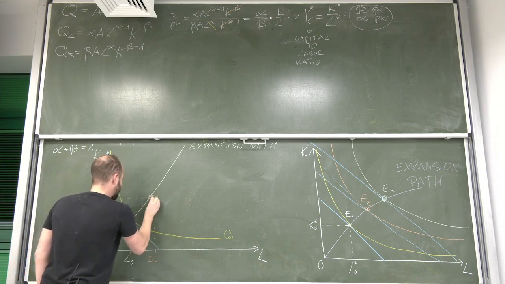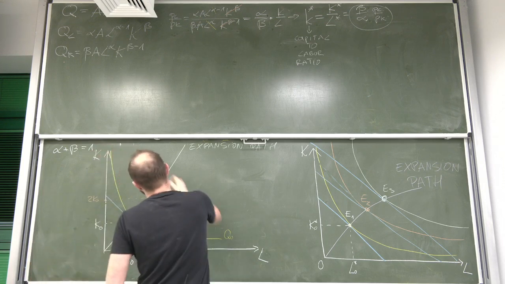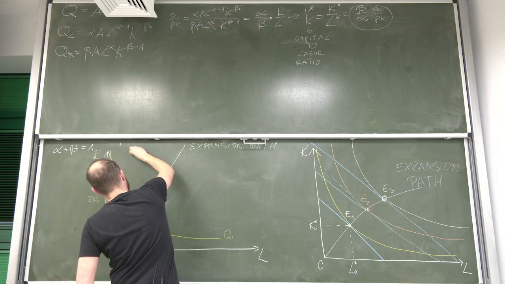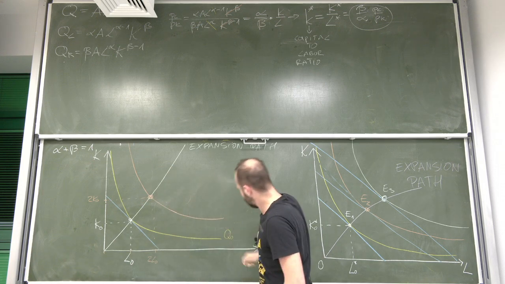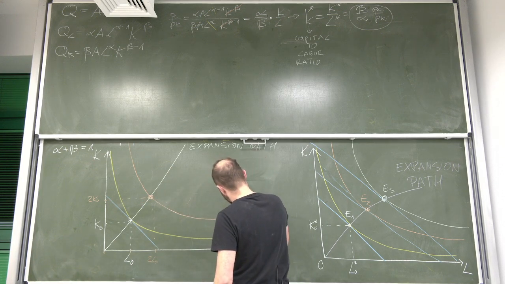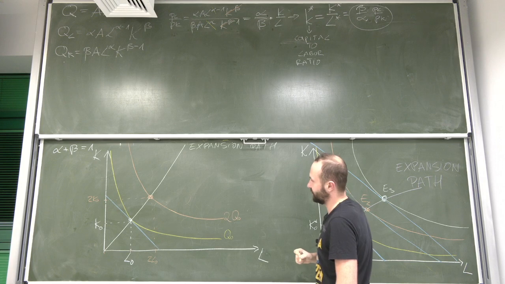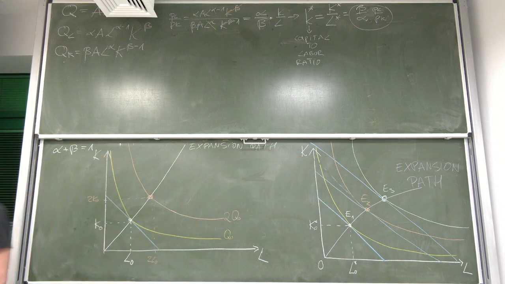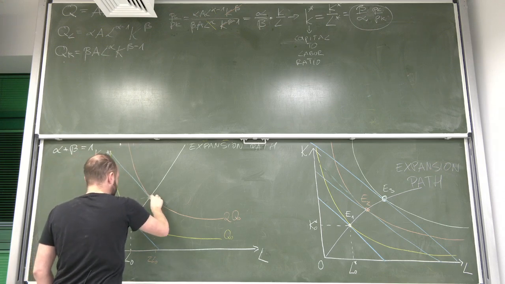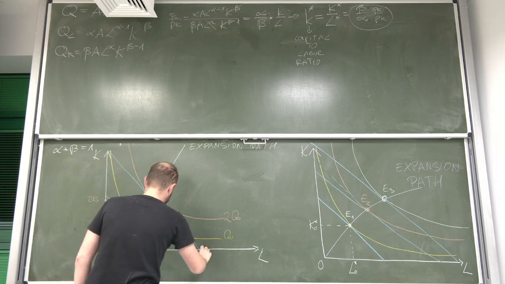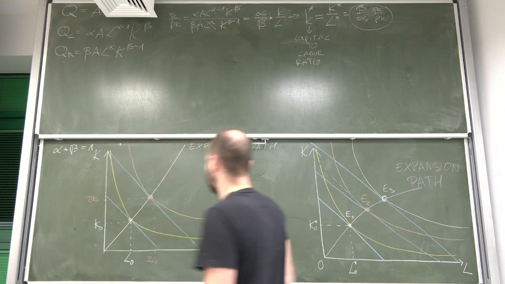Okay. I would find an isoquant that doubles the production. And of course, the ratio of prices remains the same.